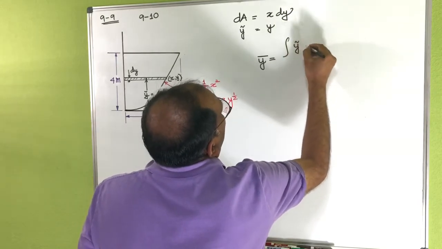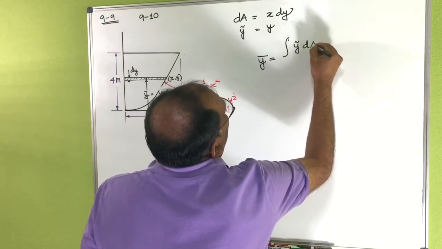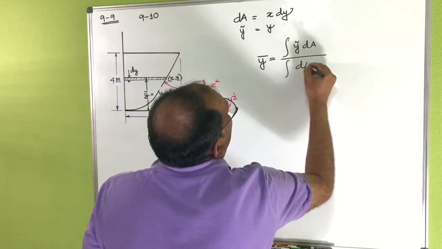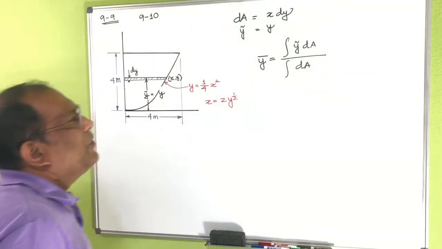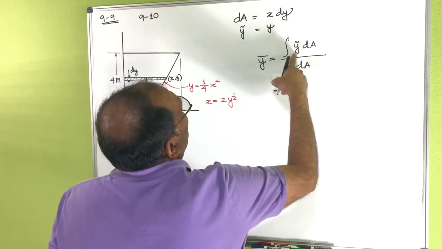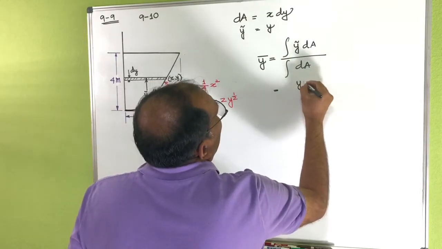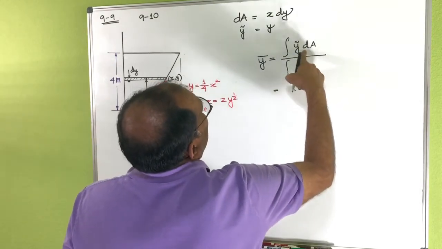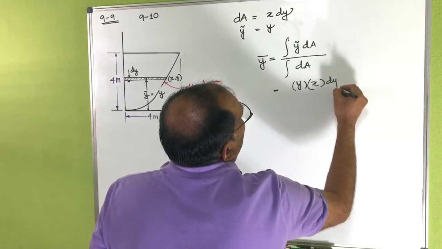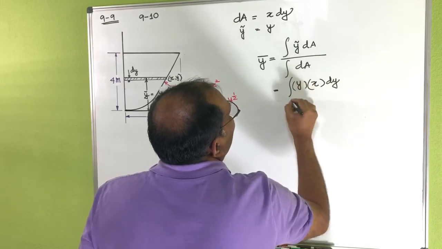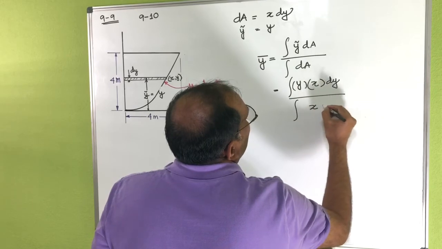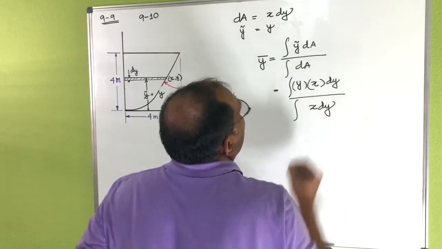Okay? So now we know our y bar is equal to the integration of y tilde dA divided by the integration of dA. So if I plug that value, that's actually y, and dA is x dy, and this one is x dy.